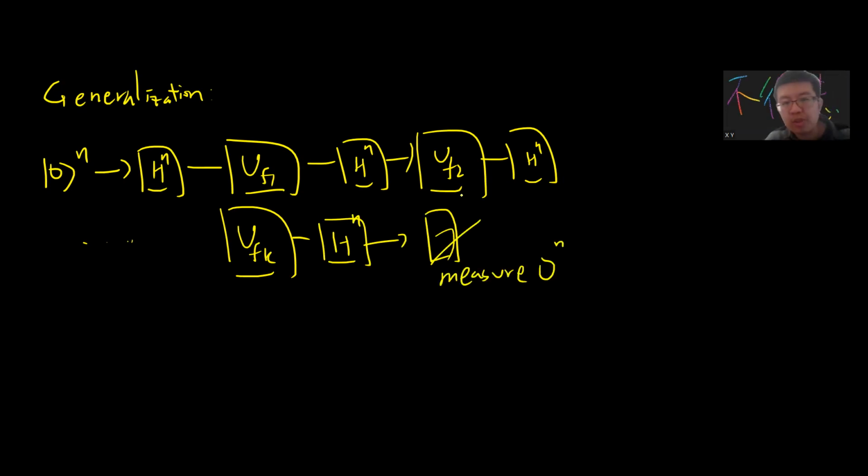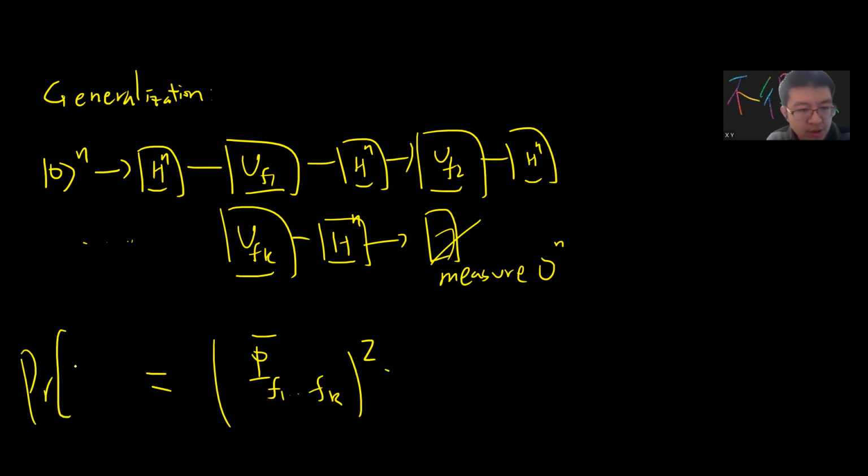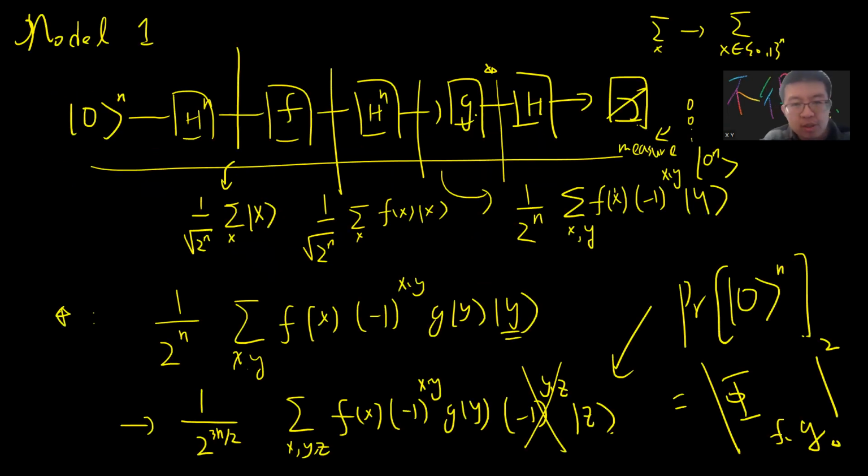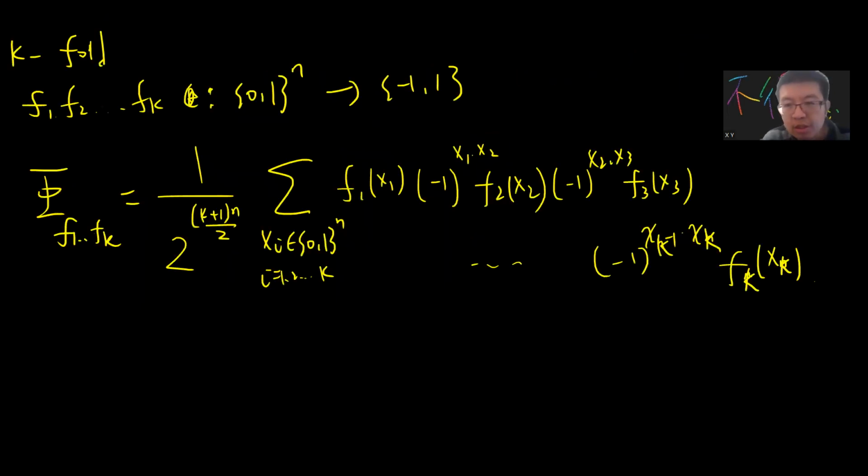Okay, and you can prove that these measurement results will give you the phi of f1 to fk squared, the probability that you get 0 to the n. Okay, so this is still model 1, the model that you can get the quantum Forrelation.